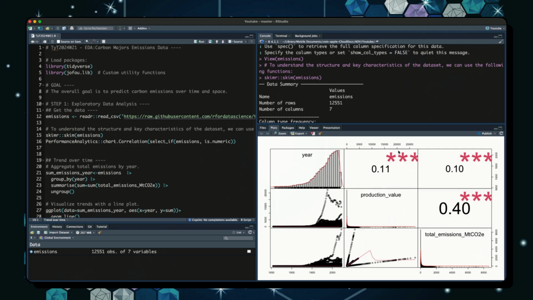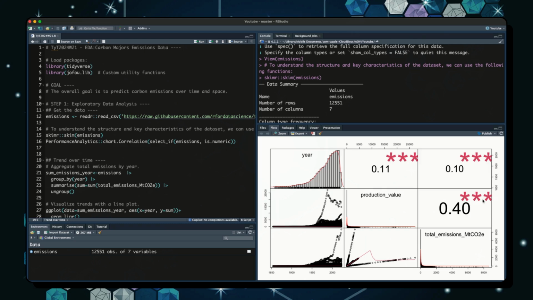First, the correlation coefficient tells us about the strength and the direction of the linear relationship between two variables. So here, between year and production value, we have a positive, not so strong correlation. Here, between production value and total emission, we have a much stronger positive correlation.